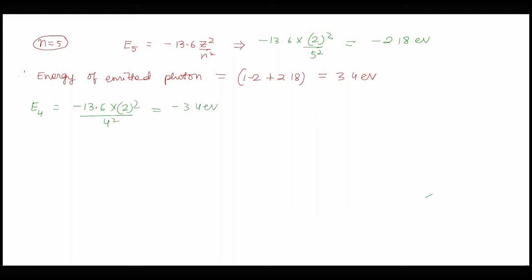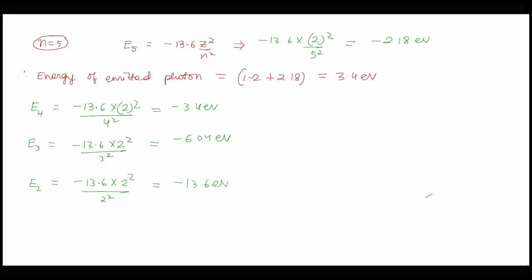Energy for n equal to 3 is minus 13.6 into 2 squared by 3 square, which is minus 6.04 electron volt. And E2 is equal to minus 13.6 into Z square by n square, which is minus 13.6 electron volt.